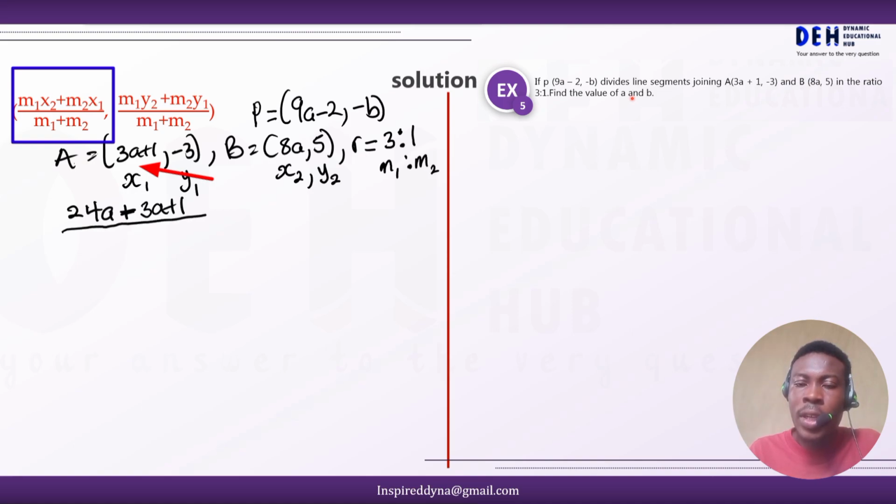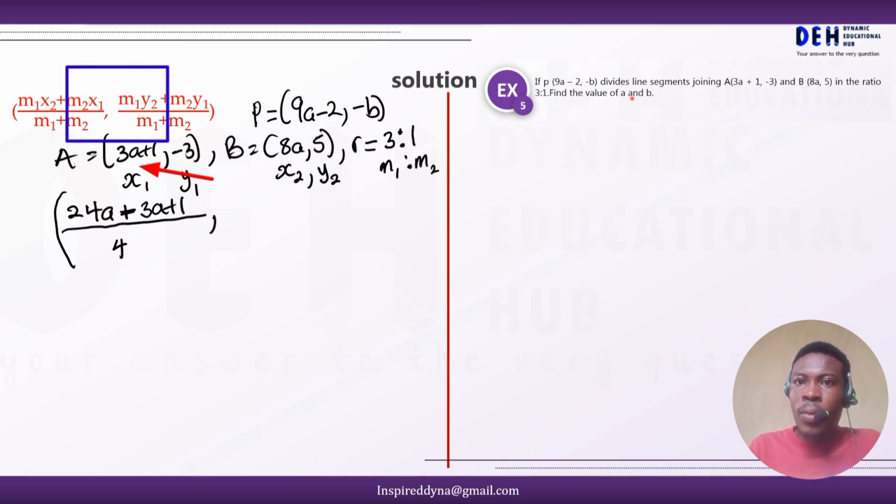Everything here over m1 plus m2. m1 plus m2, that's 3 plus 1, which is 4, comma. We have m1 y2 here. m1 is 3. What is y2? y2 is 5. We now have 3 times 5, which is 15 here, plus m2 y1. What is m2 here?